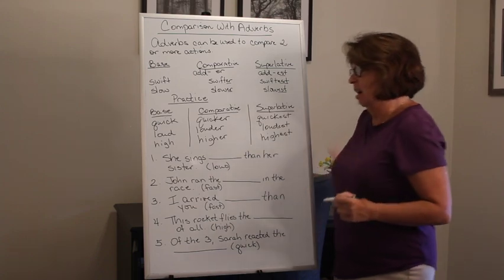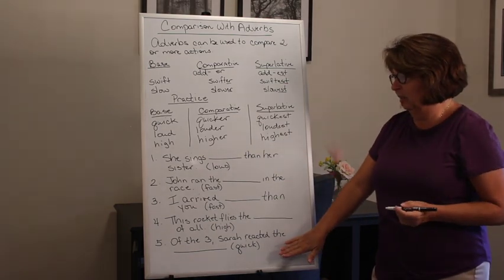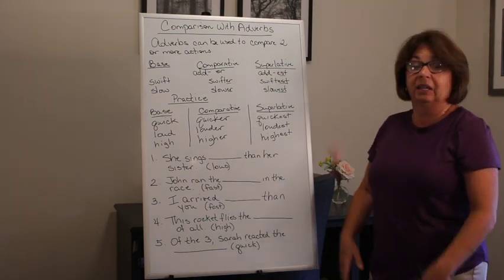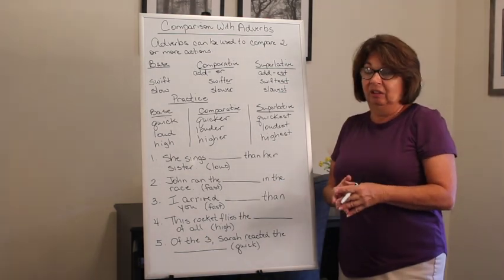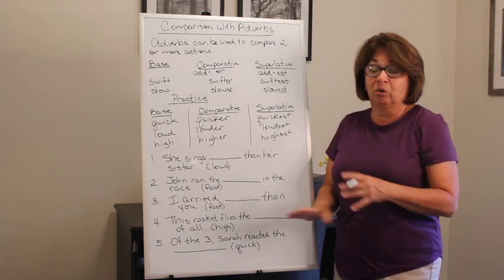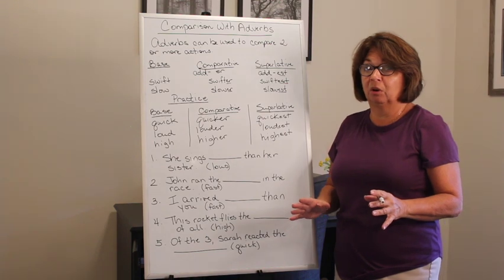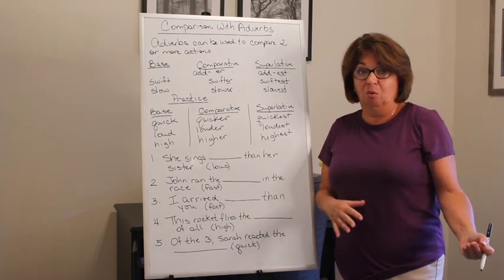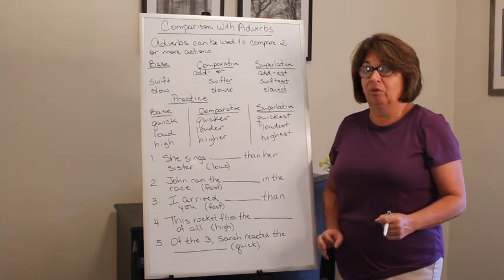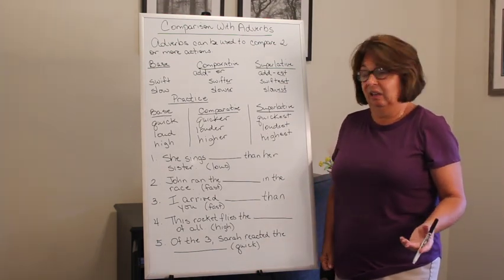Good job. All right, let's practice some sentences. I'll put the word right here that needs to go in the blank, and we need to decide after reading the sentence, are we just talking about one thing and we're not comparing at all, where we'd use the base word, or are we talking about two or more things, where we would add ER, or three or more things, where we would add EST.